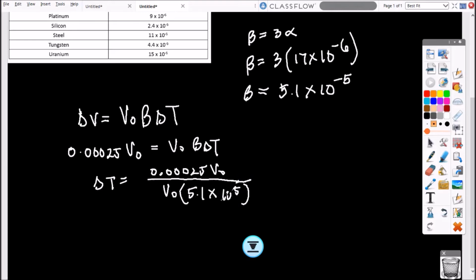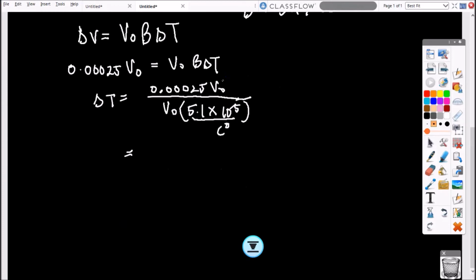Right, again this is beta per Celsius degree, not degree Celsius, since we focus on the change of temperature. Okay, so we can cancel the initial volume, V of O.